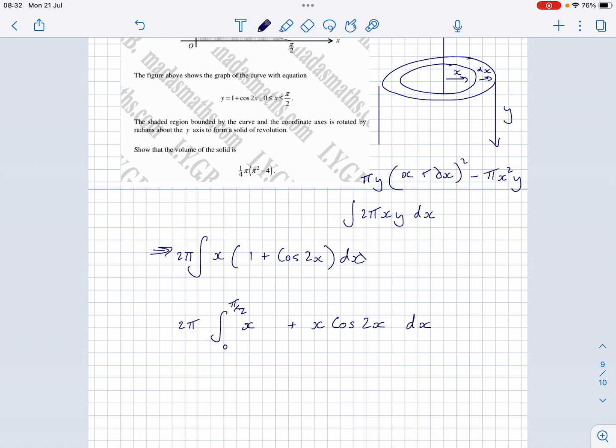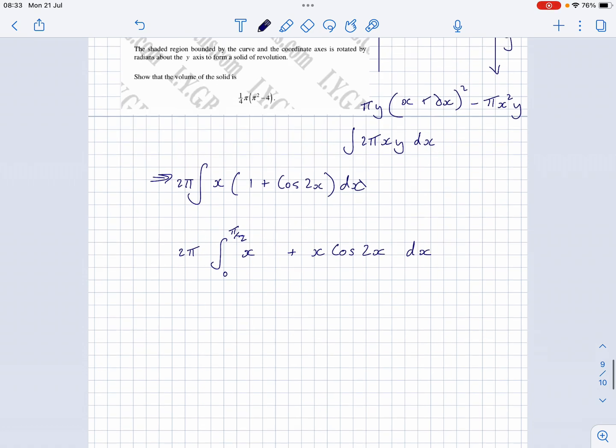Now, you haven't done this formula, okay? But essentially, when you want to integrate a product, you can do reversing the product rule, but there is another formula as well that you'll meet next year. And a bit like the product rule, we use u and v substitutions.